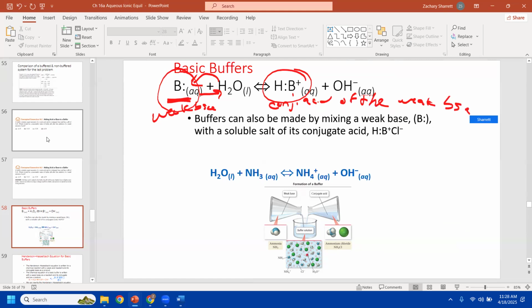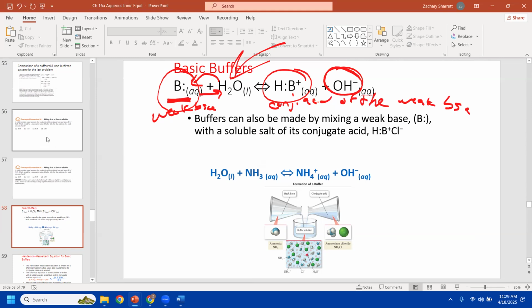And notice how the reason why it's a base and the reason why pH goes up is because we liberate hydroxide from the water, which was acting as the acid in this situation, right? The water added its proton, leaving an OH minus. That's why the base is a base.